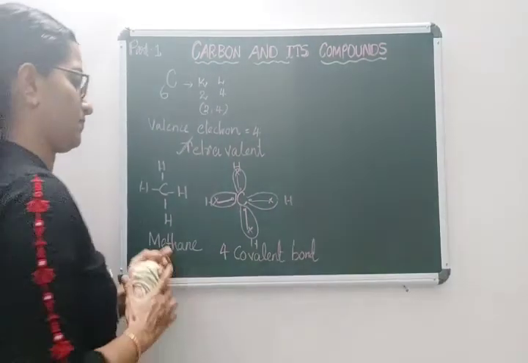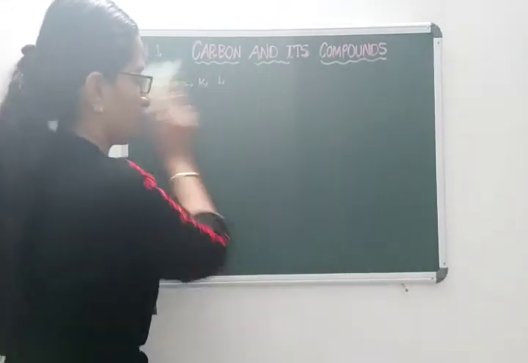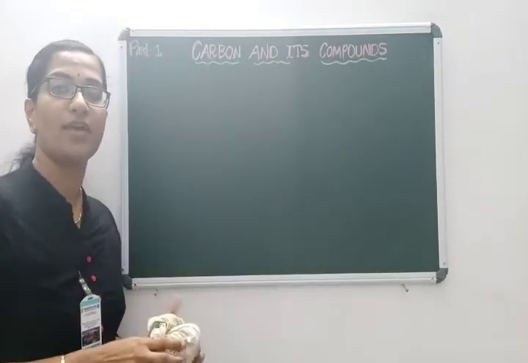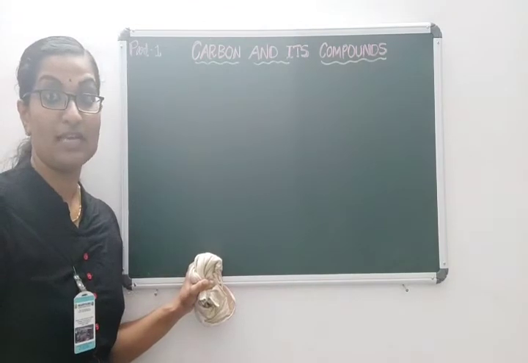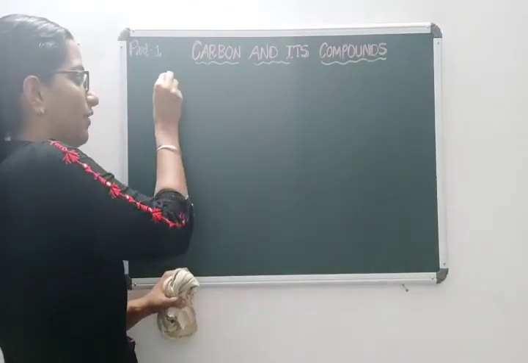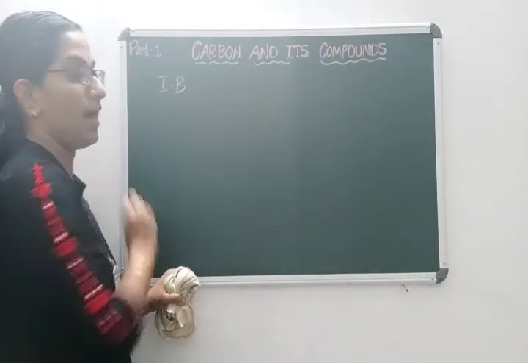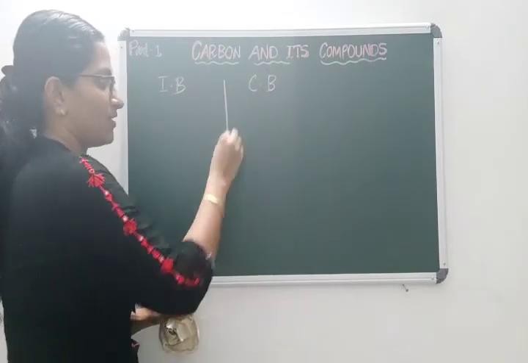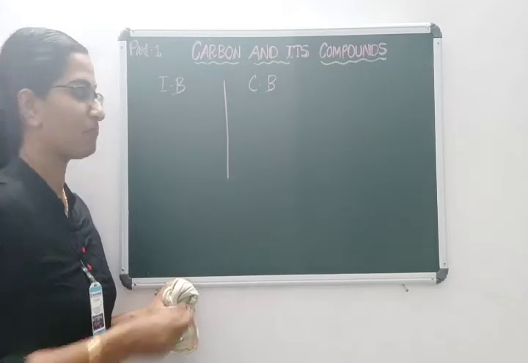Okay, students. What is the difference between covalent bonding and ionic bond? In chapter 3, you have already learned the ionic bond. What is the difference between these two? Can you say? Yes.